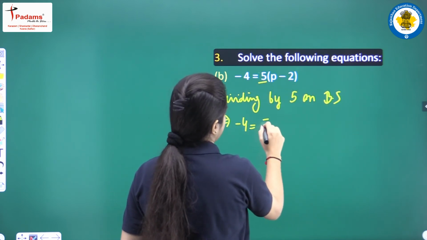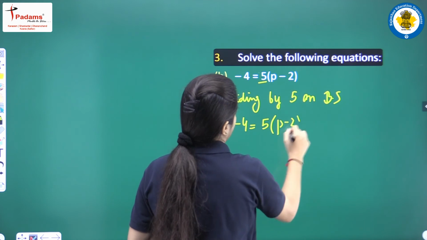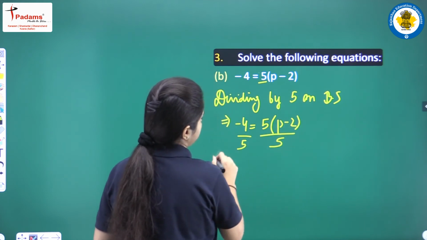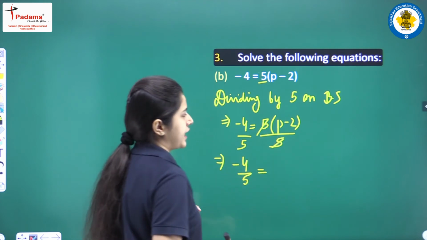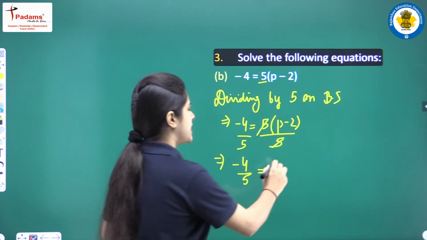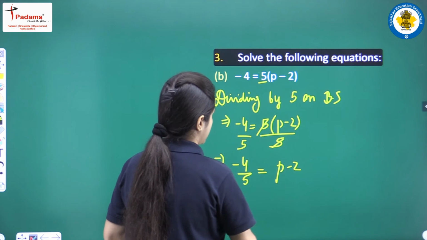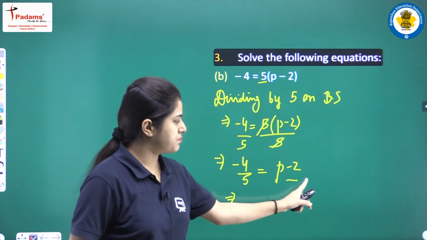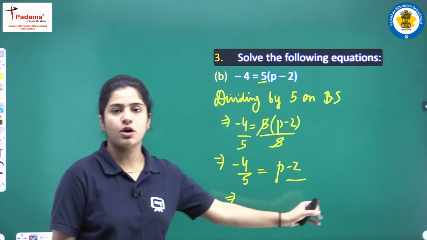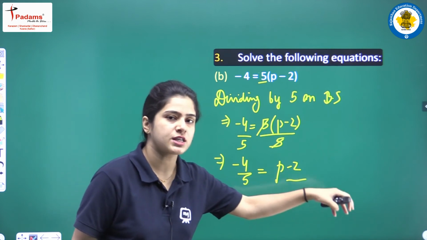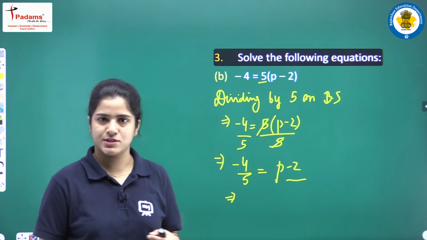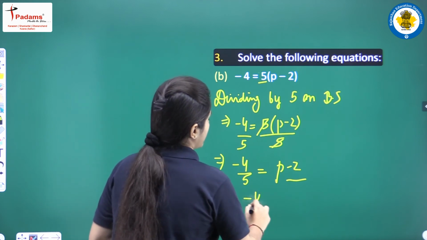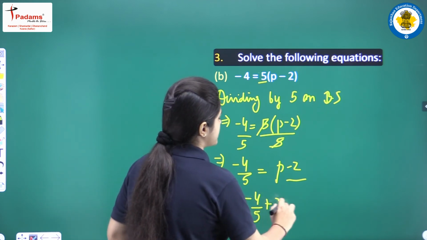So this is minus 4 upon 5. 5 and 5 are cancelled out from each other. This is p minus 2. Now students, this minus 2 is on the right hand side, and if you transpose this minus 2 from the right hand side to the left hand side, it will become plus 2, okay students. So minus 4 upon 5 plus 2 is equal to p.